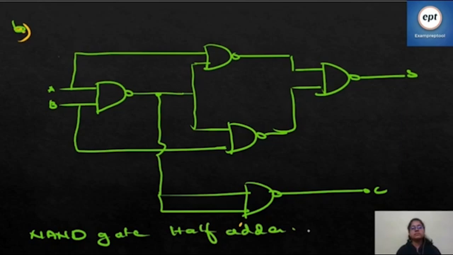So count how many NANDs we have used to make this. So it is 1, 2, 3, 4, 5. So 5 NANDs are required to make a half adder.